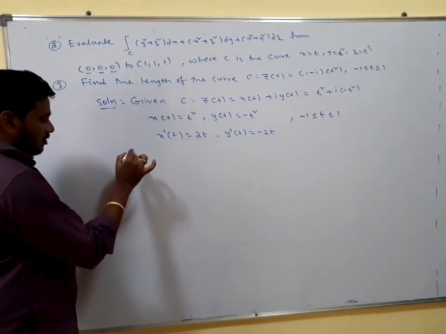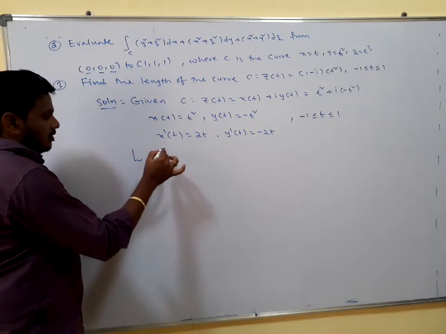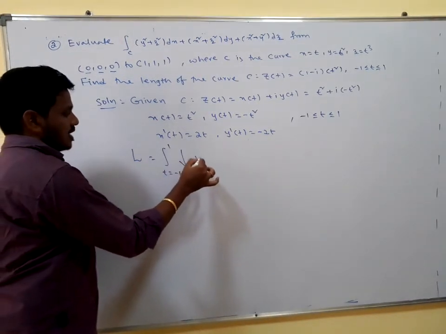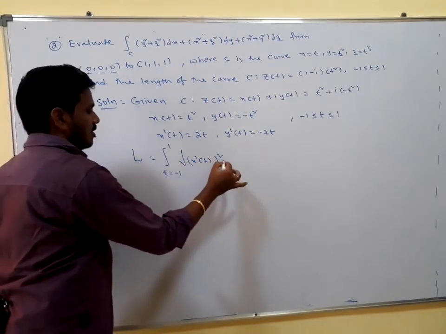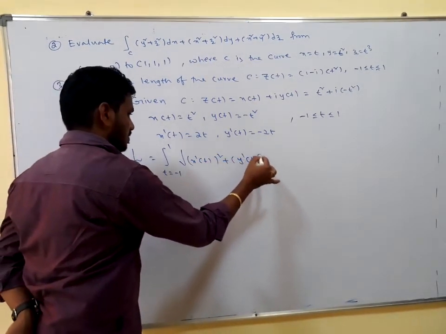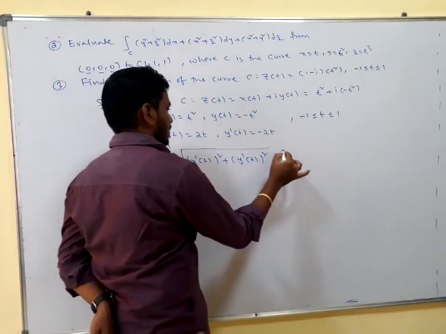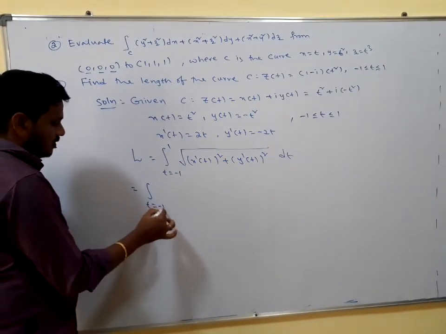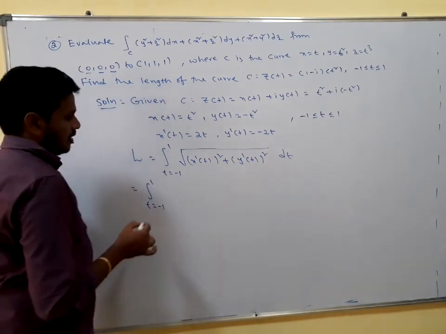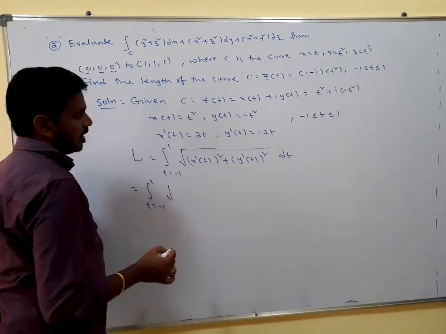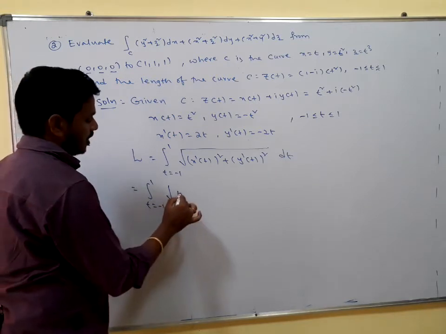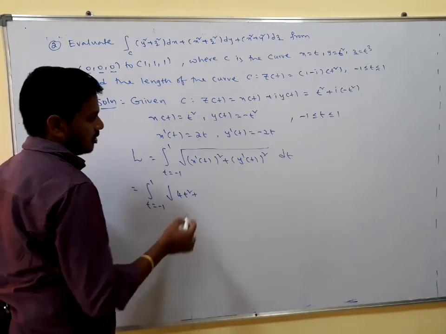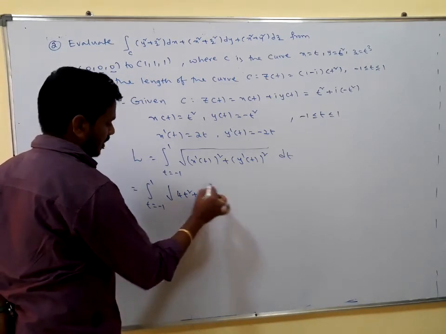The length of the curve C is denoted by L. The formula is L equals the integral from t equals minus 1 to 1 of the square root of x dash of t whole square plus y dash of t whole square, dt. Which equals the integral from minus 1 to 1, where x dash of t whole square is 2t whole square, that is 4t square, plus y dash of t whole square is minus 2t whole square, that is 4t square, dt.